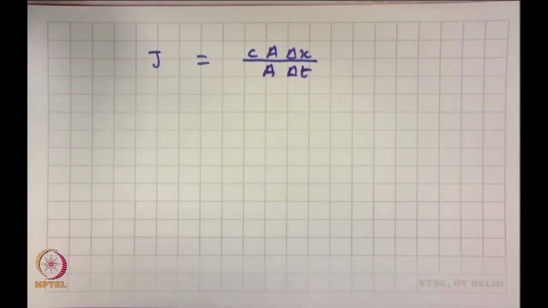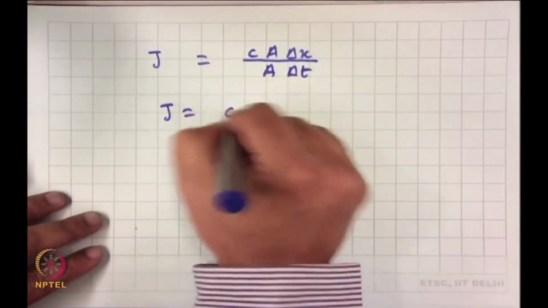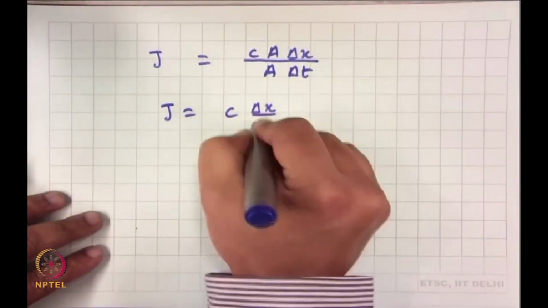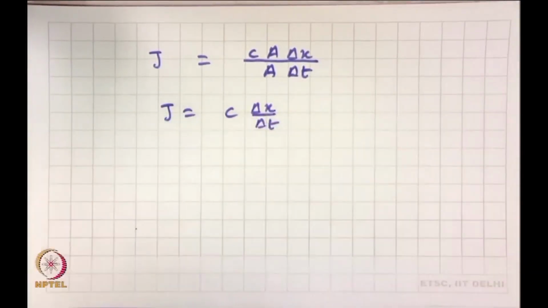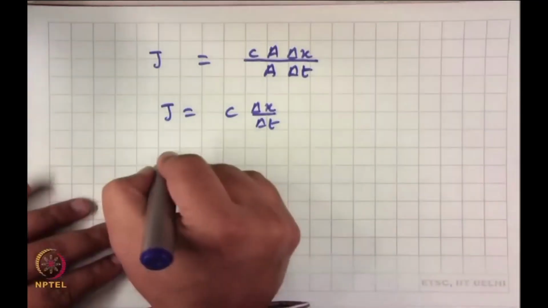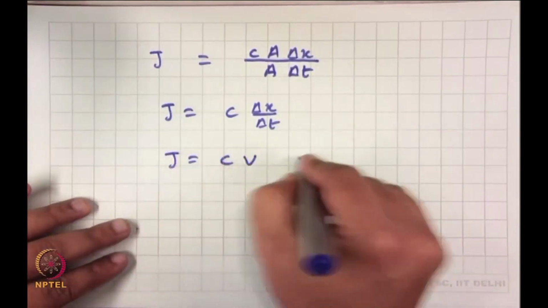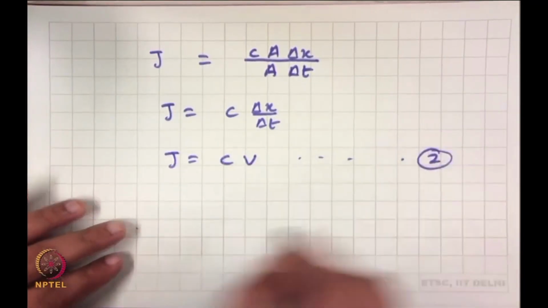Now, see how it simplifies. J is equal to C times delta x over delta t, and delta x over delta t is what? V is dx over dt, right. So, then I can write J is equal to C times V. This is equation 2.